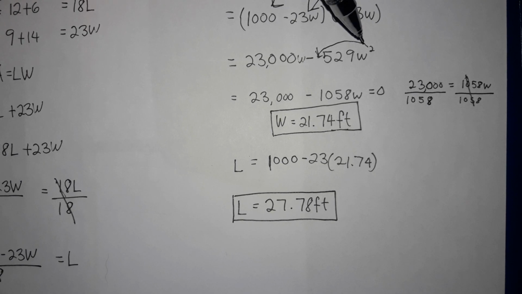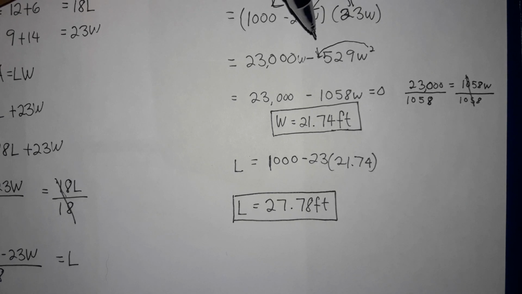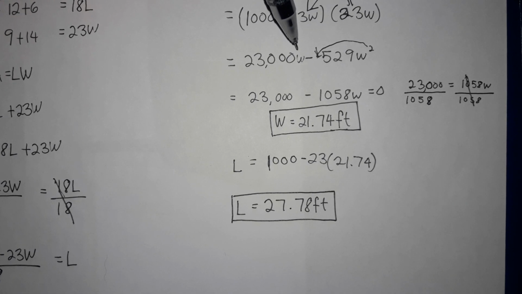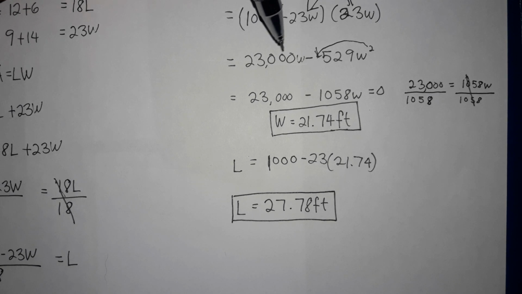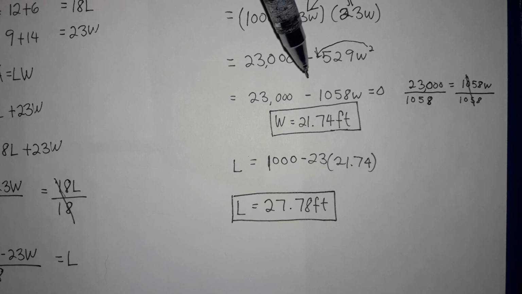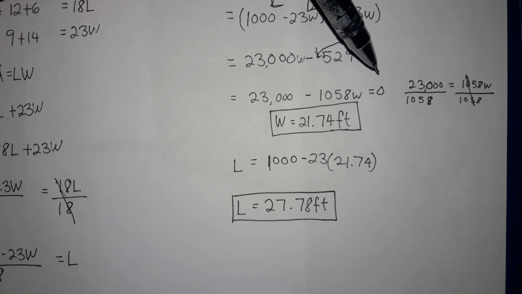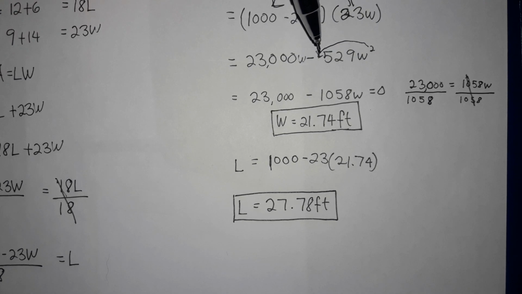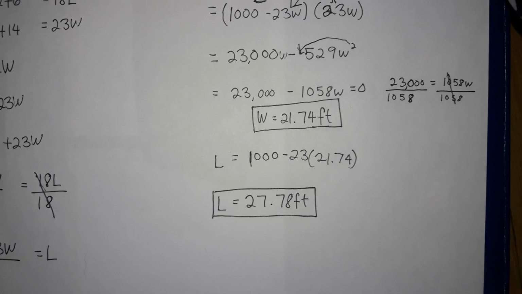And then we can use our first derivative theorem, which is the power rule. So 23,000W would become 23,000, and then the 529W squared would just become 1058W, and equate it to 0 so that we would get the width.